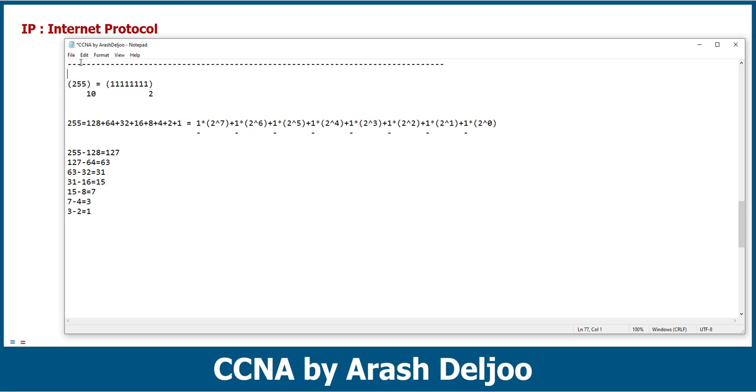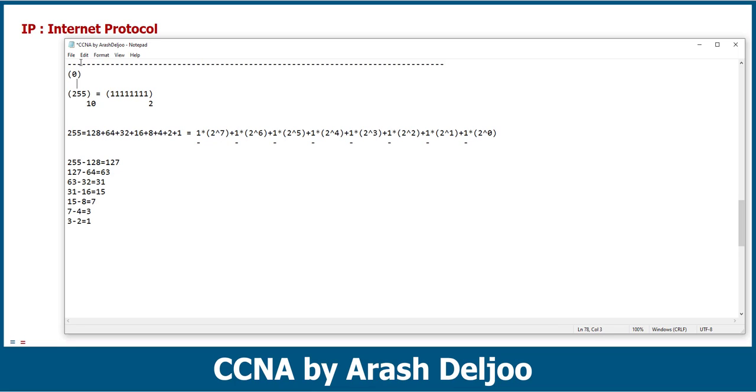Assume that here we have 0 in base 10, meaning decimal. If anybody asks which value this equals in binary, you can say 0000 0000, because you know that if we use the factors of each power of 2, for example 7 or 6 or 5, finally we have 0 in decimal.